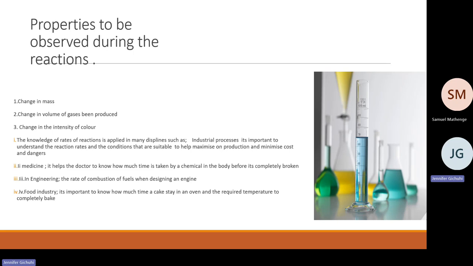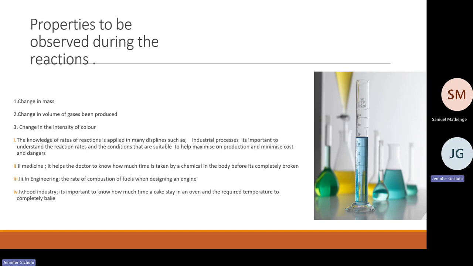Now, having understood the rate of the reaction, how the reaction takes place, and the properties or characteristics to check in order to do this, we need to ask ourselves a question. Is this topic necessary? Do we really need to study the rate of a reaction?